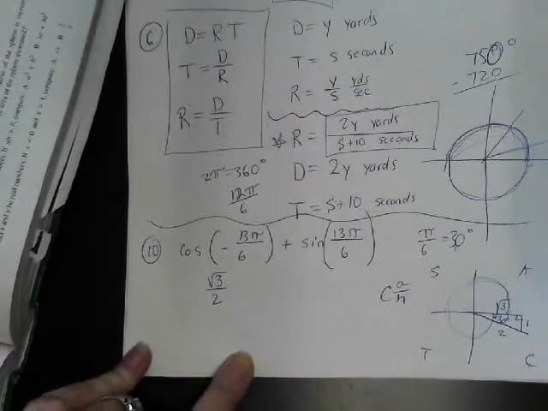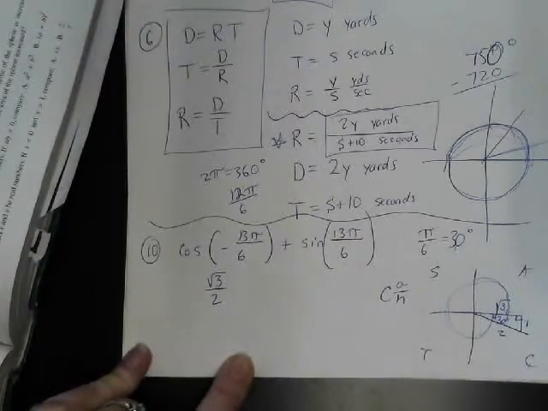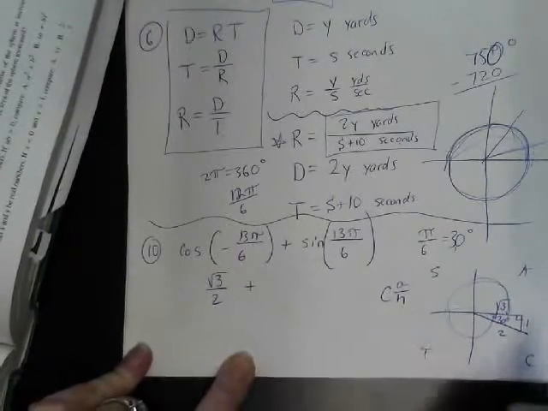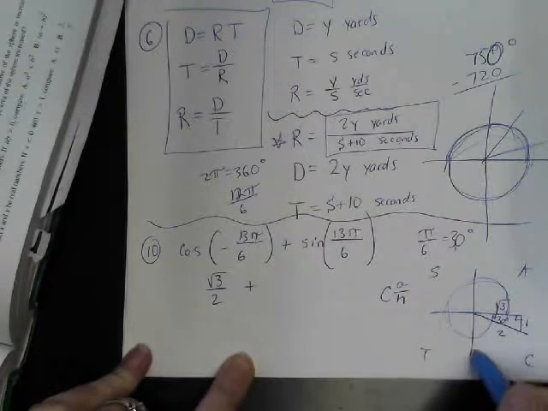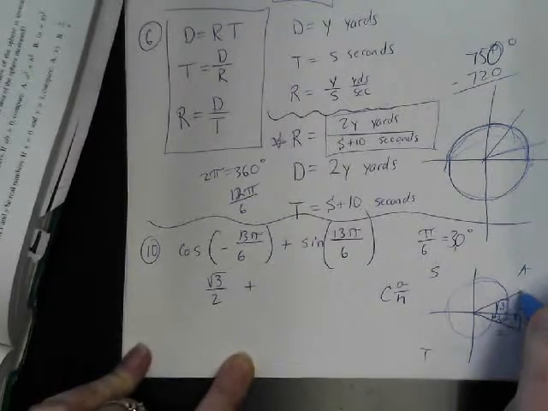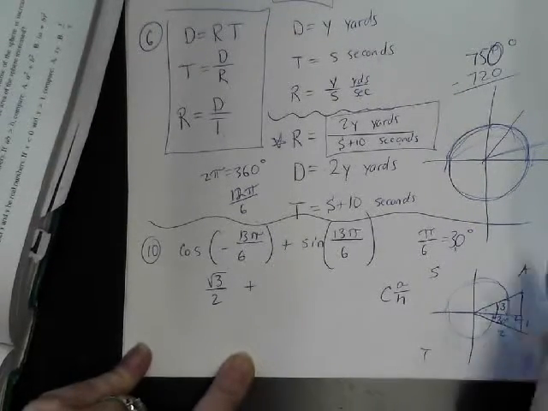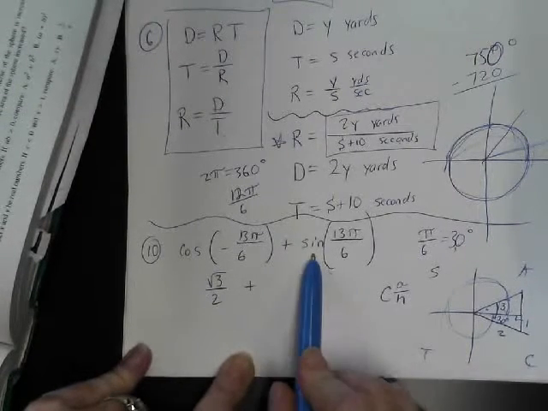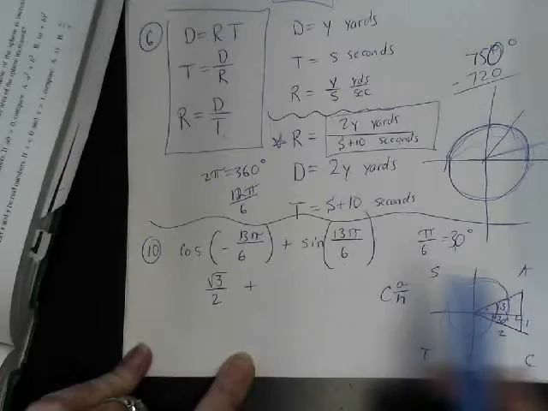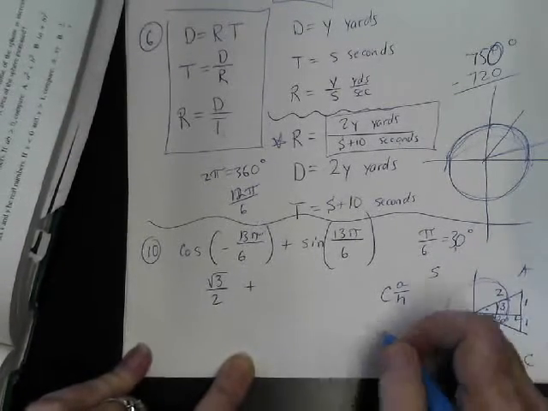Is that okay? Now here's the other 13 pi over 6, and we already said that 12 pi over 6 is once around. But now we're going this way. It's still going to be 30, isn't it? Yeah, but it's up here now. And it's sine instead of cosine. So this is still 1, this is root 3, and this is 2.